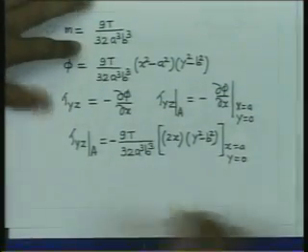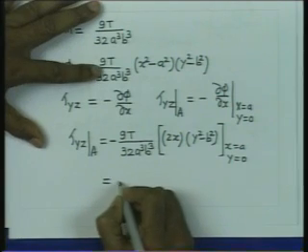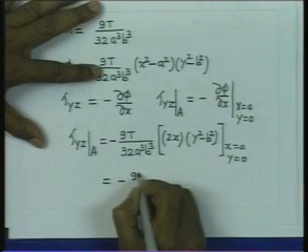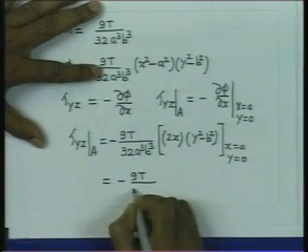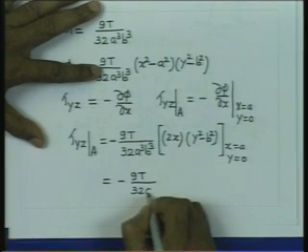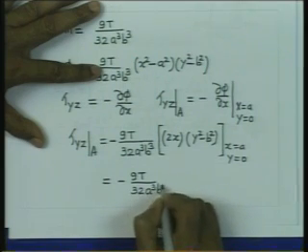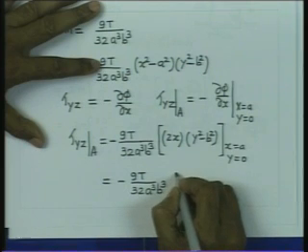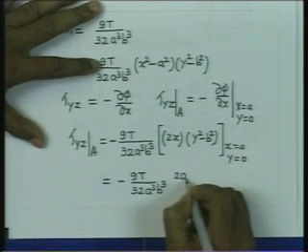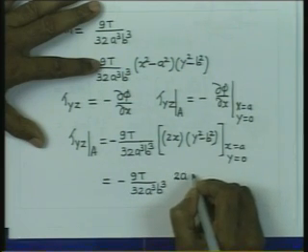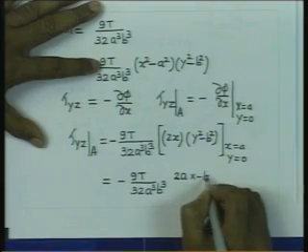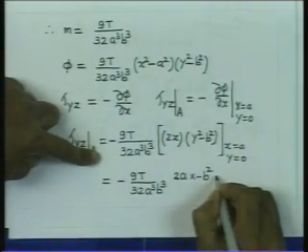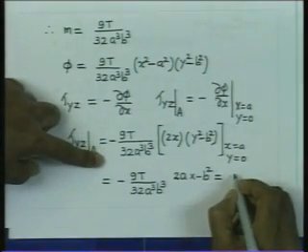When we do that, 90 by 32 a cube b cube, this is 2a and this is minus b square.